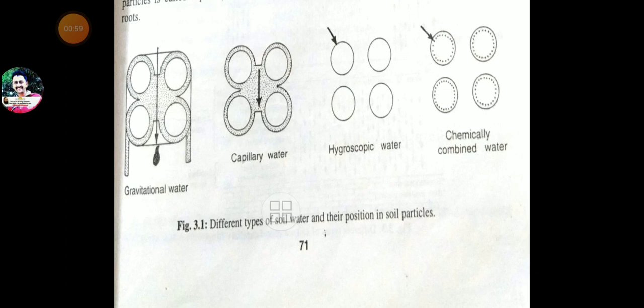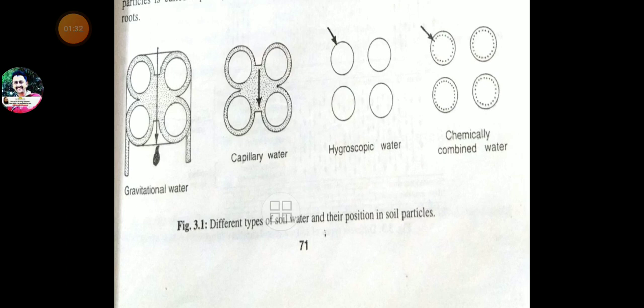So as we know, water is important, and soil water is the most important constituent of the soil because it provides the medium for the absorption of minerals and organic matter by the roots, and also activates the various enzymes and metabolic processes.